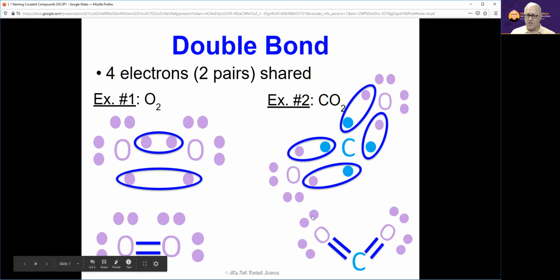We have our oxygen with 4 electrons, our oxygen with 4 electrons, and our carbon had 4 electrons as well. And we're going to share them out with a double bond. So each of these lines represents 2 shared electrons. 2, 4, 6, 8. That's a double bond.